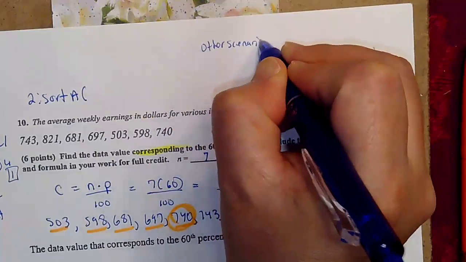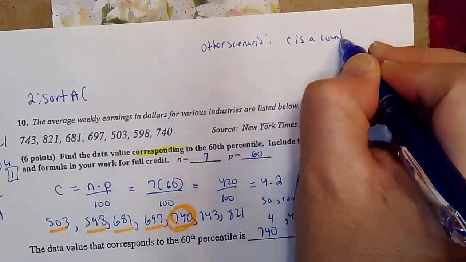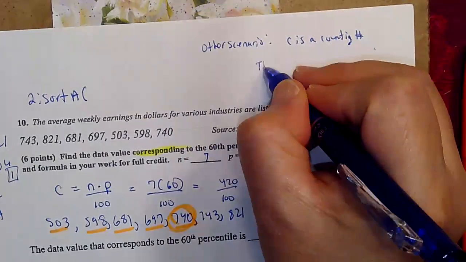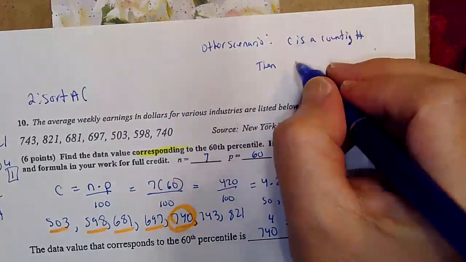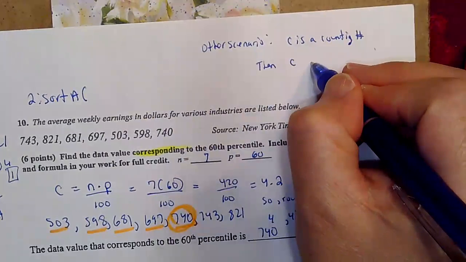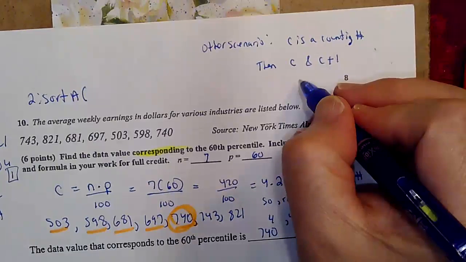So the other scenario would be that C is just a counting number, no decimal, right? A counting number. So then you're going to take the C and the C plus 1 positions.